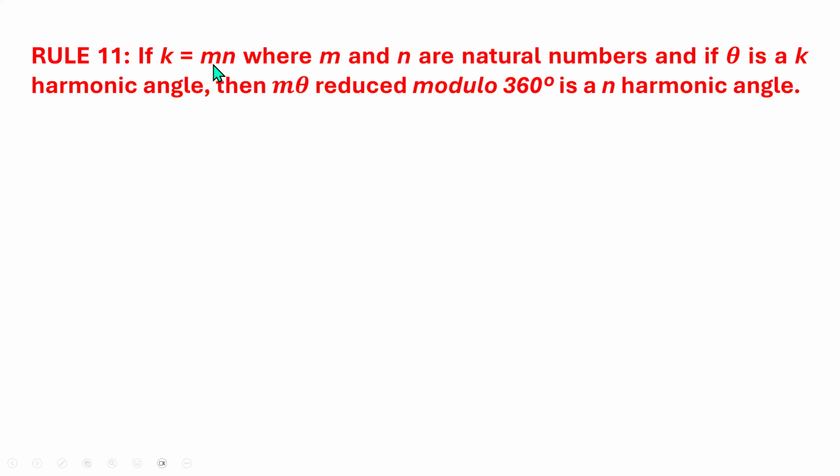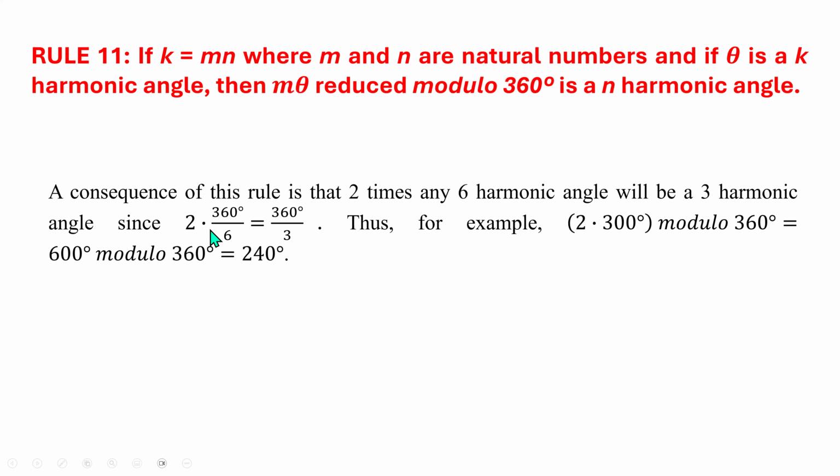Okay, rule 11. If k is equal to m times n, where m and n are natural numbers, and if theta is a k harmonic angle, then m times theta reduced modulo 360 is an n harmonic angle. I think of this as kind of a cancellation theorem. I multiply this kind of harmonic, m times n, by the number m, and the m essentially cancels, leaving me with n harmonic angles.